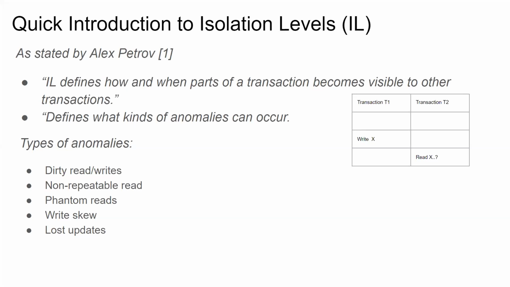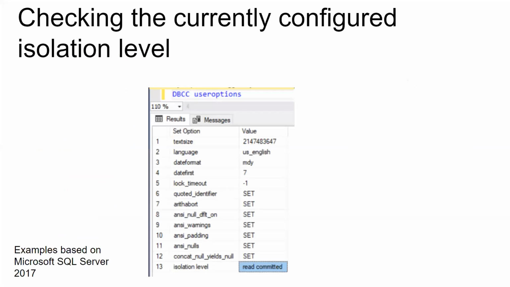Okay. So I'll show examples in SQL Server. This is how you check your current isolation level in your database. Let me switch to the SQL here. I wanted to start with read committed isolation level, but I thought let's start one step before that, with read uncommitted.